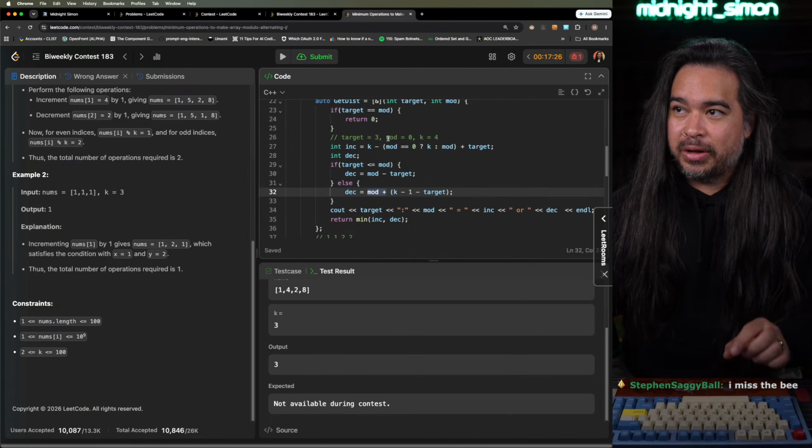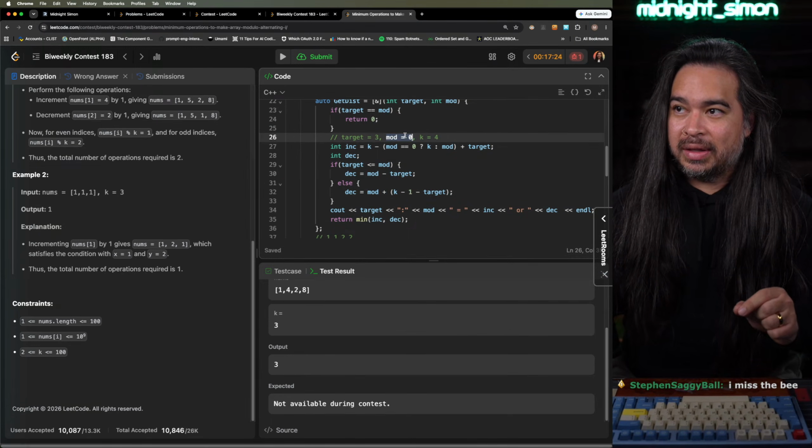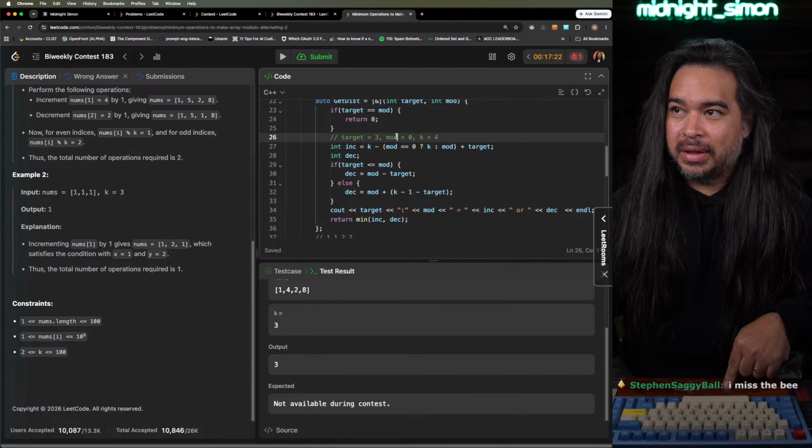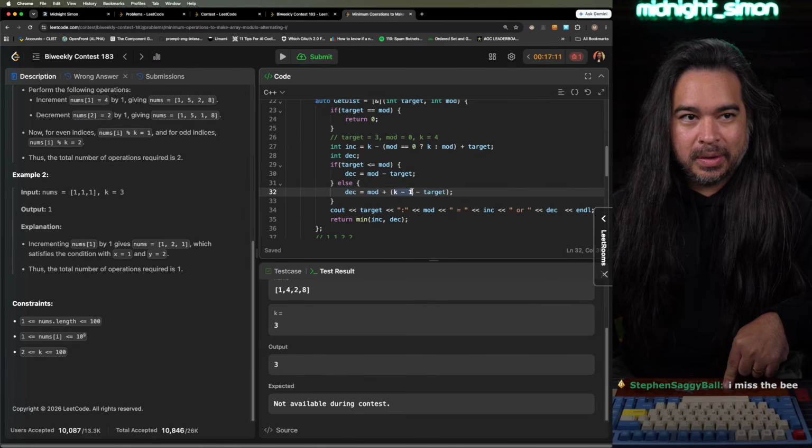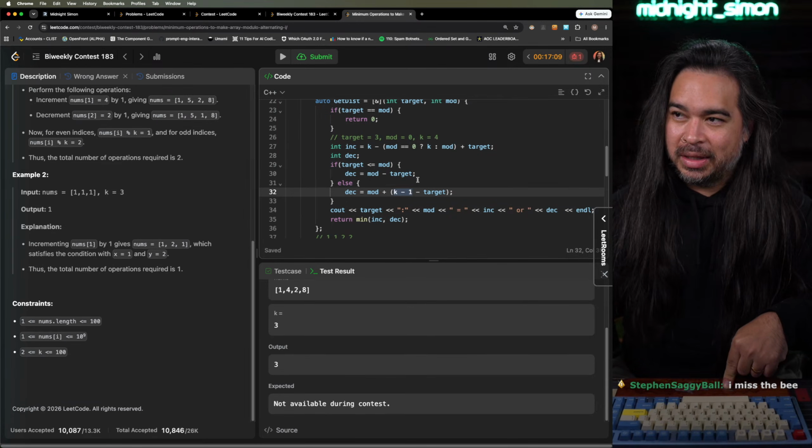So we have to decrement to get to 0 mod. And then from there, we decrement one time and it's k minus 1, because it can't ever be k.